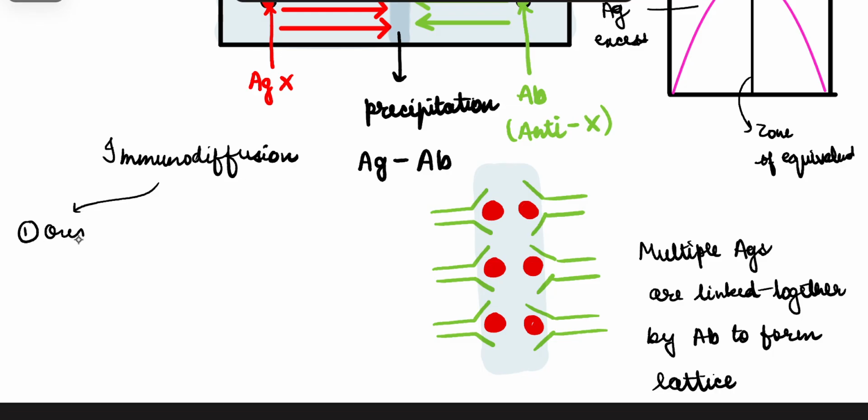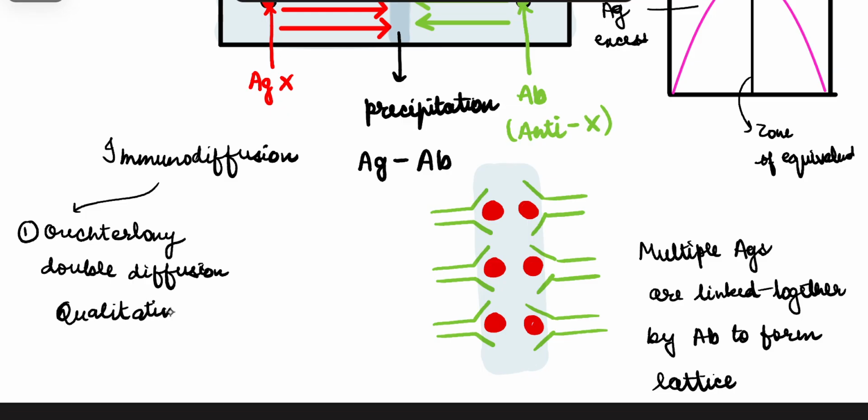One of them is what we call the Ouchterlony double diffusion. It is merely a qualitative assay, meaning you just have to detect whether the antigen is present in the serum or not, or whether the antibody is present in the serum or not.